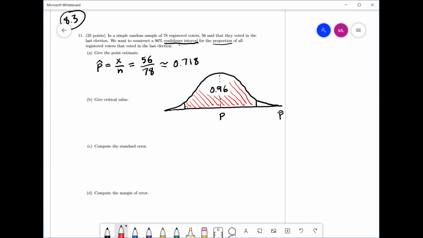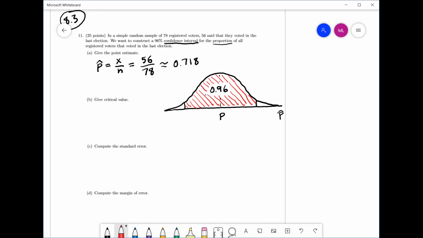This is 96% of all the possible values of p hat, where p hat could have landed. So I'm not sure where our p hat landed. It could have landed right on top of the p. It could have landed over here and been above the true average or below the true average. I'm just pretty sure it's not out here. It could be, but it really only has a 4% chance of landing in one of these places, where it has a 96% chance of landing in this region that I've shaded red.